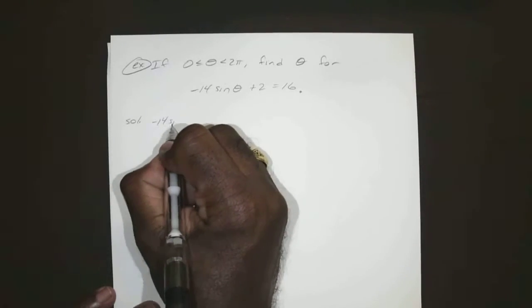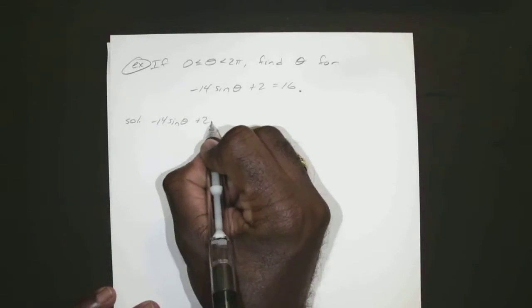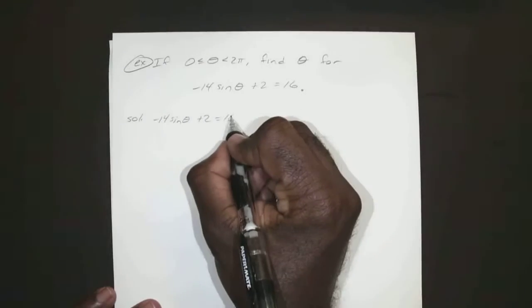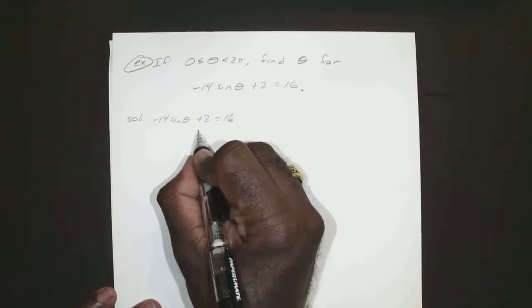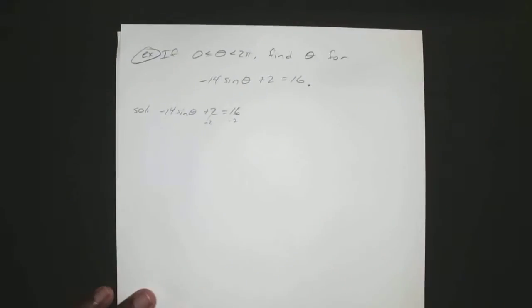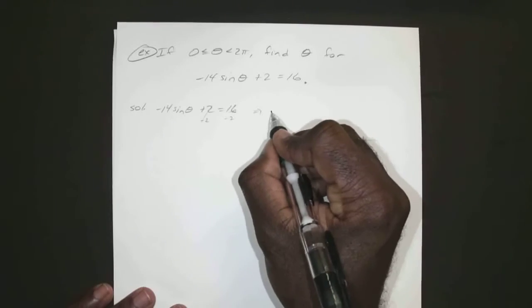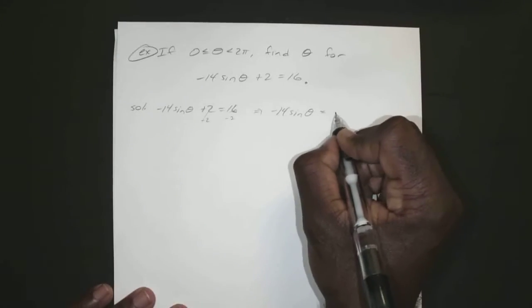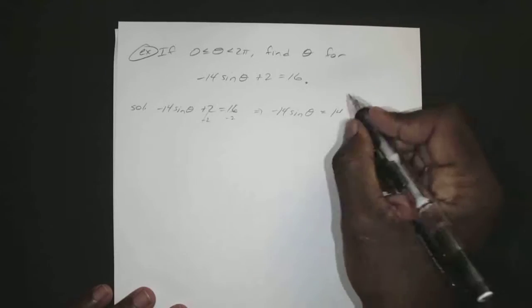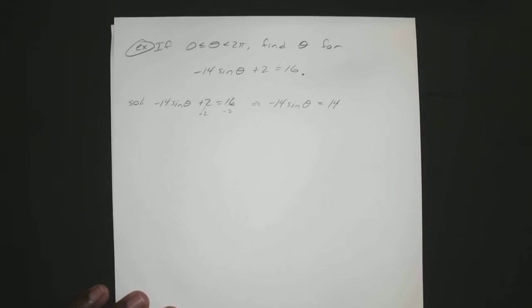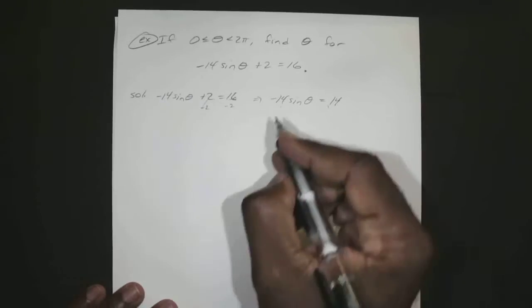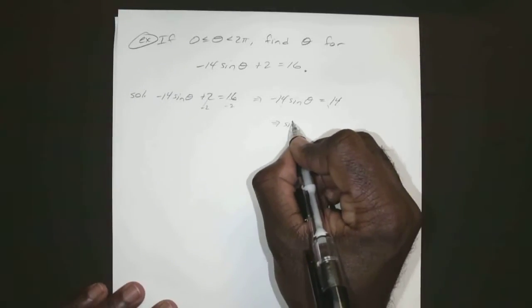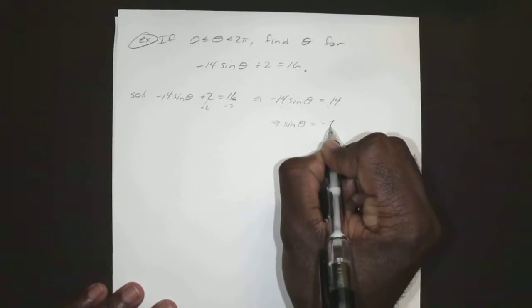Subtract 2 from both sides, so you have negative 14 sine of theta equals 14. Divide both sides by negative 14. Sine of theta equals negative 1.